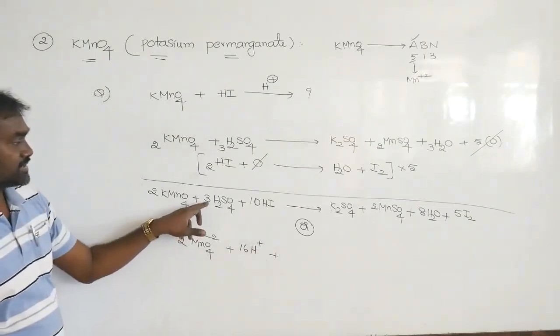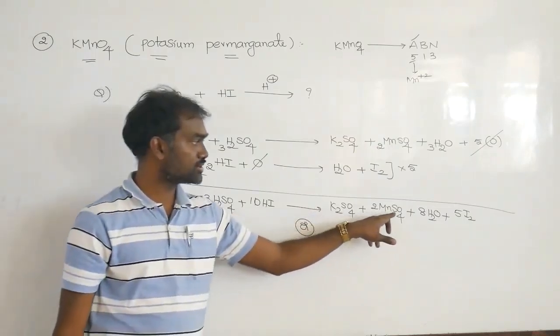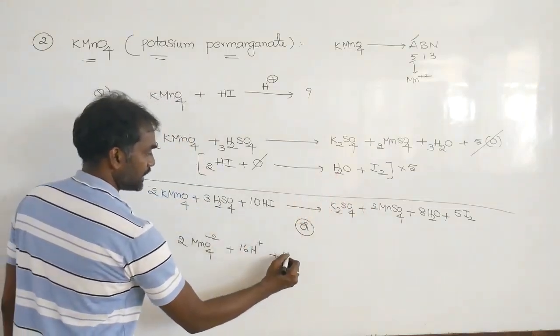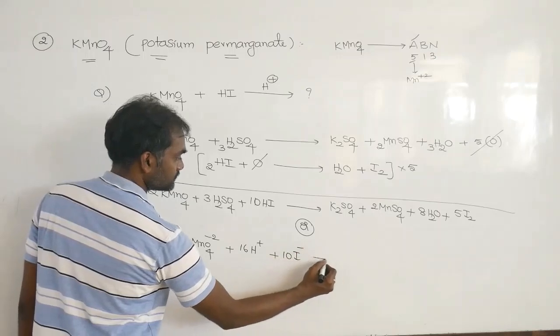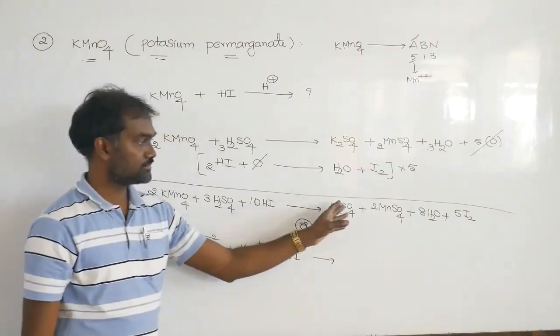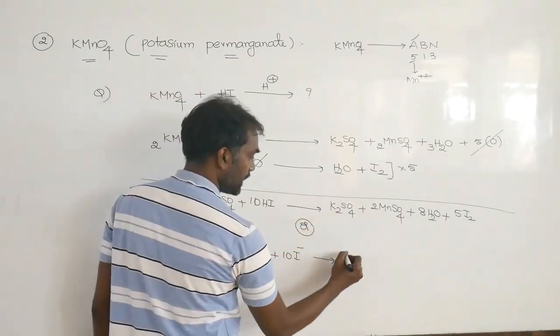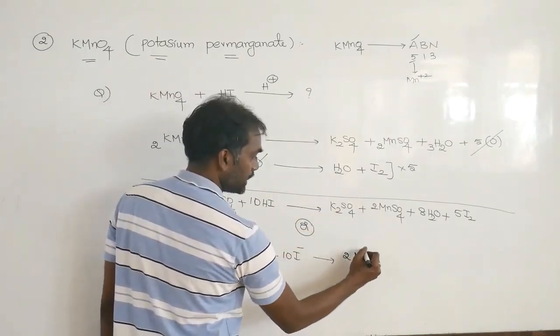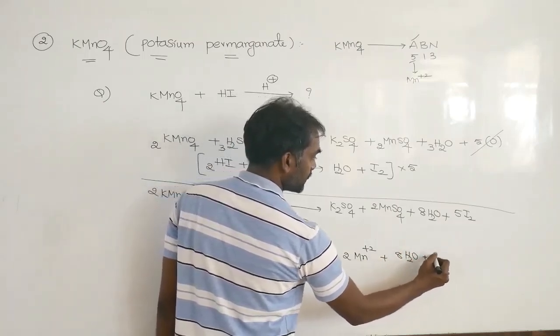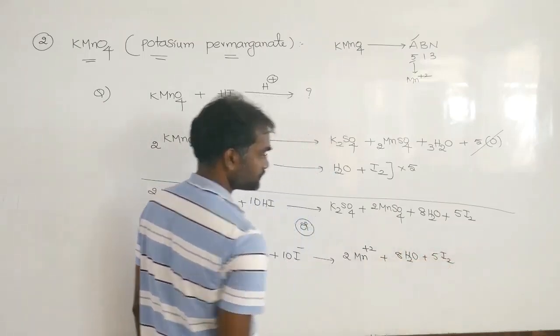Plus sulfates, 3 sulfates: here 1 plus 2, 3 sulfates cancelled. Next 10 I minus. H pluses are taken, potassium and sulfates gone. Here manganese, 2 Mn plus 2, 8 H2O plus 5 I2.